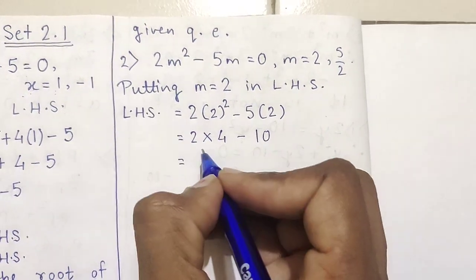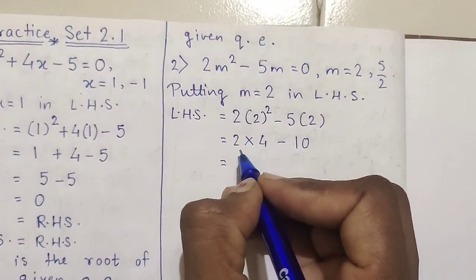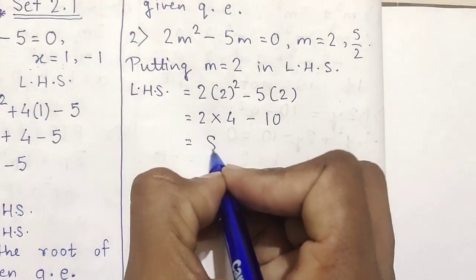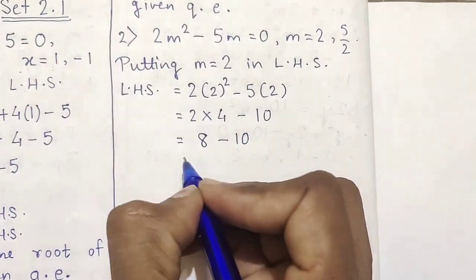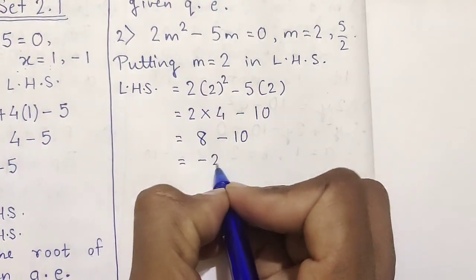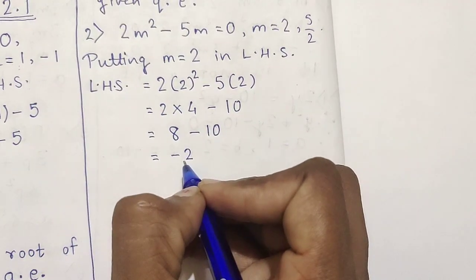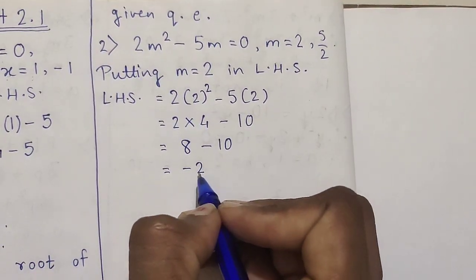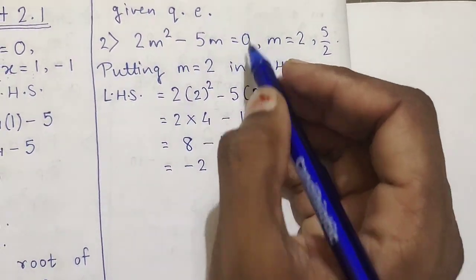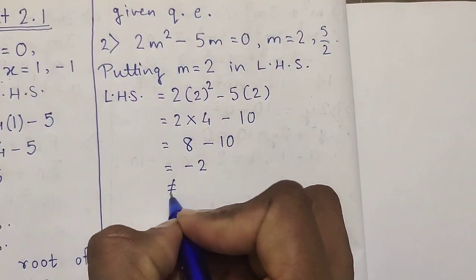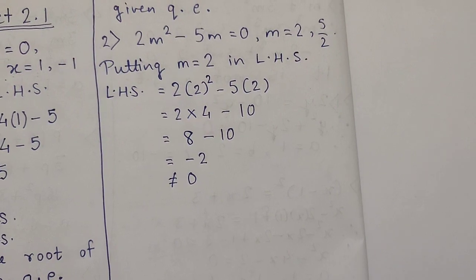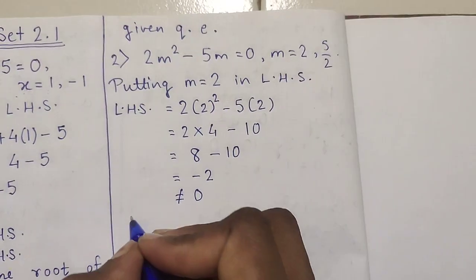Okay, now this is 2 into 4. So what are you going to get? 2 into 4 is 8, minus 10. What is 8 minus 10? Minus 2. Okay, the signs are different, so subtract and you will get minus 2. Now we got minus 2 and we wanted 0 here. So we have not received 0 here. So in this case again we can write the same thing.